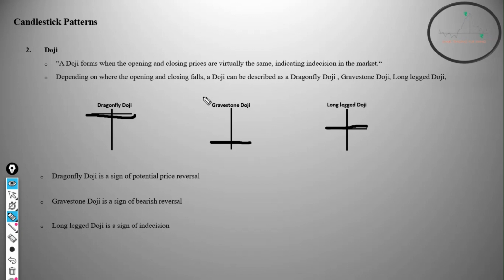Usually dragonfly represents higher buyer momentum. For gravestone, sellers have the upper hand, and in long-legged both buyers and sellers are strong, and that is the reason the body is formed in the center.